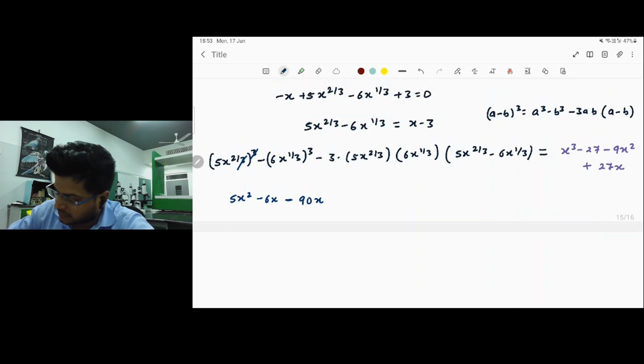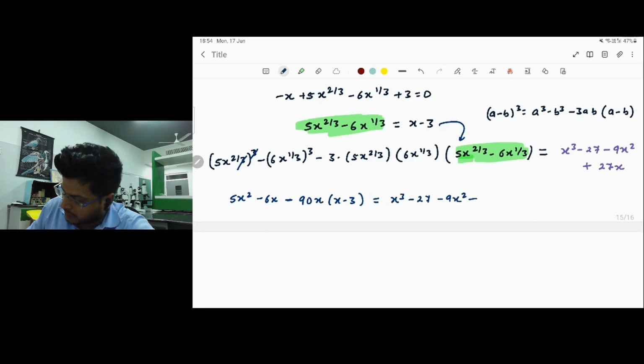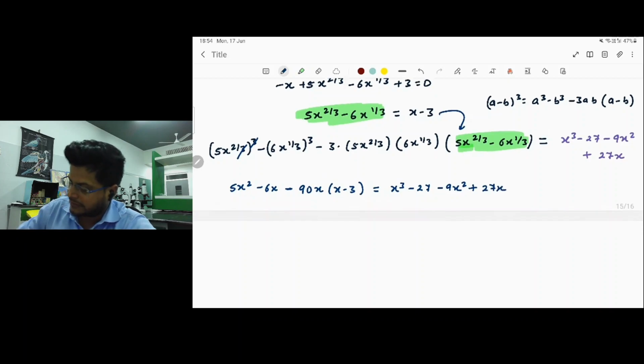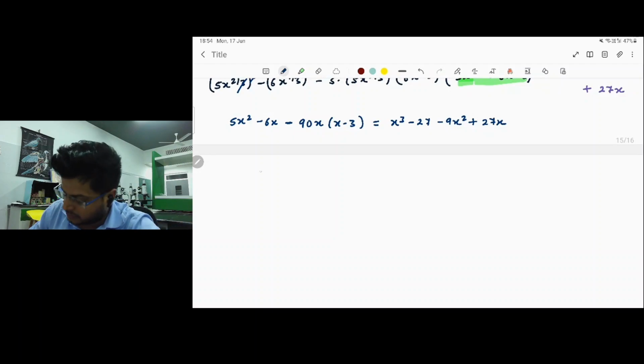And can you see here that this quantity written here and this quantity written here are same? So in place of this quantity, what I can replace? I can replace this quantity. So I'll be getting how much? Into x minus 3 equals x cube minus 27 minus 9x square plus 27x. Right, now bring all of the people on the right side. So we got like x cube.